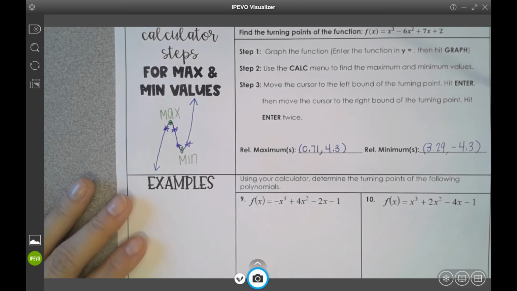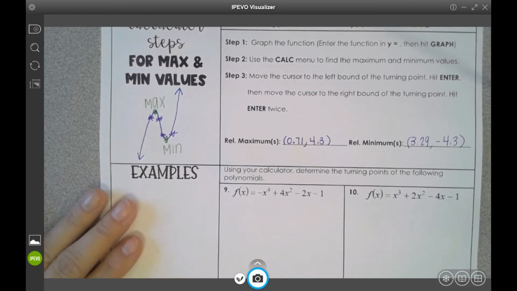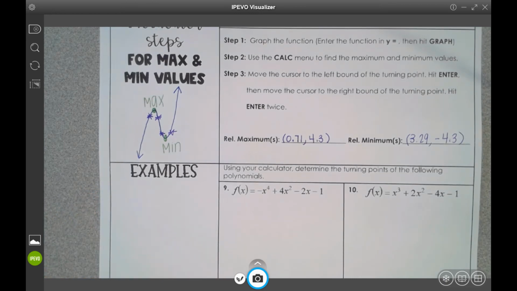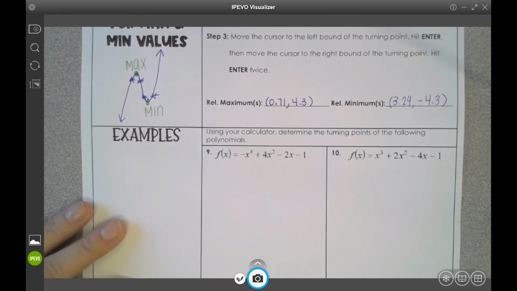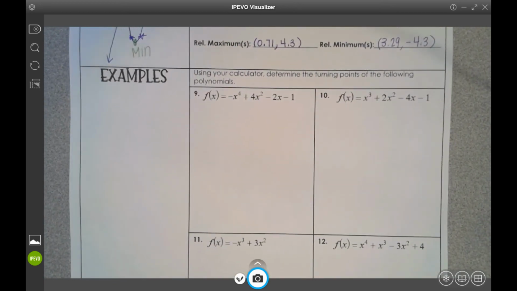I see. Any questions? All right. Number 9. So let's go to this one, and I will work through this one step by step, and then I'll let you finish.